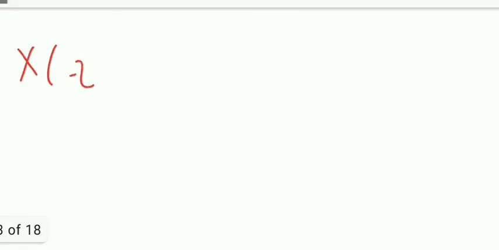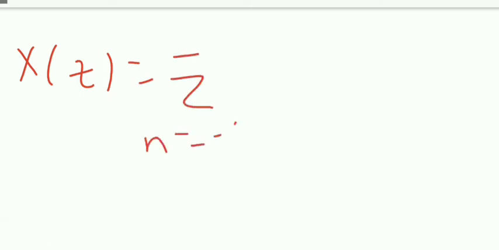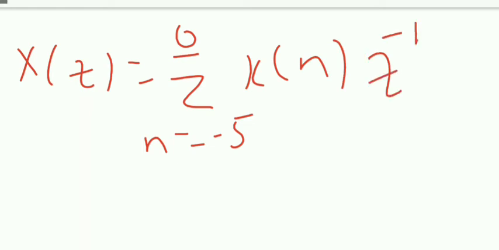So I write the z transform equation as x of z is equal to sum over n from minus 5 to 0, or 0 to minus 5, both are correct, of x of n z power minus n.